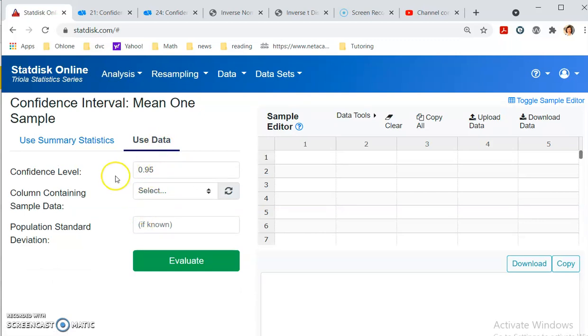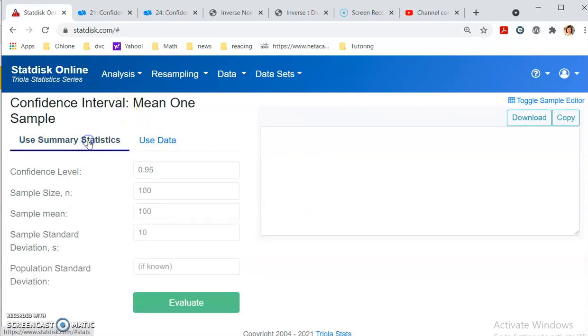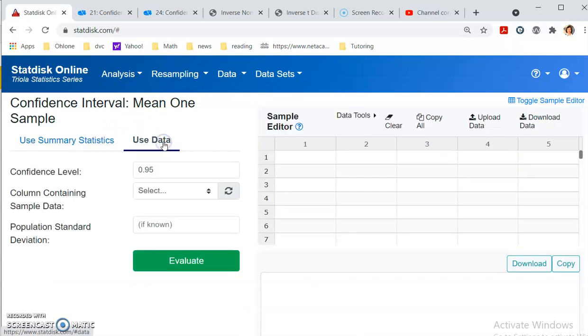You just tell what the confidence level is in decimal form, and then you cut and paste your data here. If you have summary statistics, meaning you have sample mean and sample standard deviation, you must know your population standard deviation though, right? In 8.1, because we are just using z to calculate sigma over square root n. So that's how you do it. Use summary statistic or data.